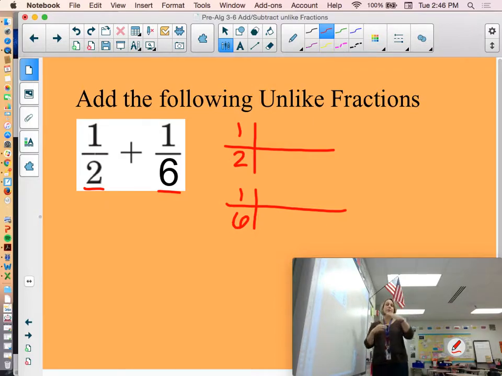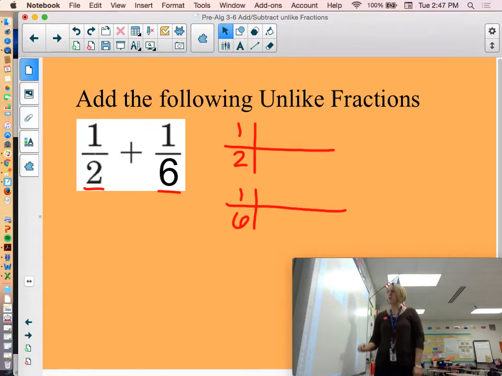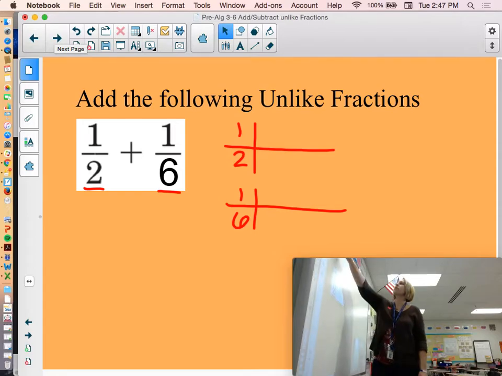If you'd like a pre-printed sheet of this, you can look on my class documents on my website to find that. If you have any trouble, just let me know and I can send you the link, or I can just send you the document. I have a pre-printed one that already has all of these fractions on tables. And this is going to help us. So I'm going to show you that page right now. If you'd rather just keep writing on a separate sheet of paper, that will work as well.